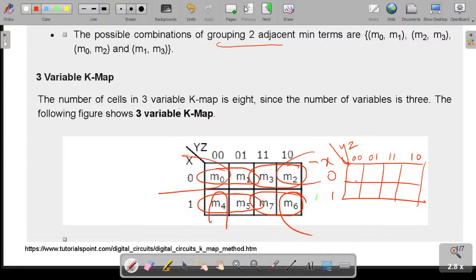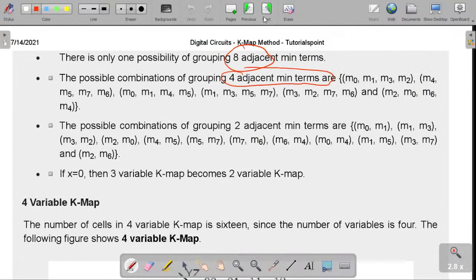Likewise, the possible combinations of grouping 2 adjacent minterms are 1, 2, 3, 4, 5, 6, 7, 8, 9, 10, 11, 12. So there are 12 possible combinations.